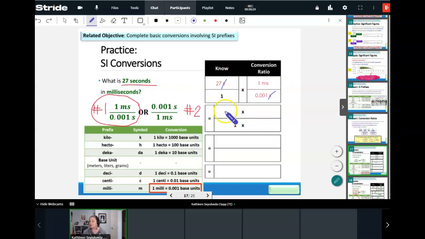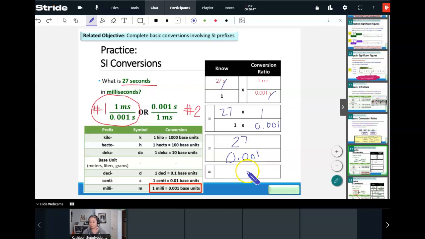Now I simply multiply across. I go 27 times 1 and 1 times 0.001. Okay? Now when I do that, I get 27 over 0.001.